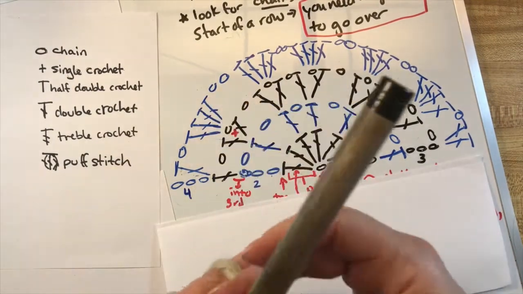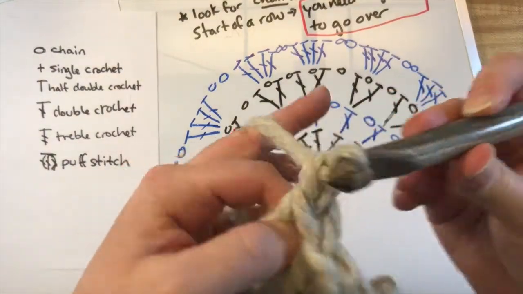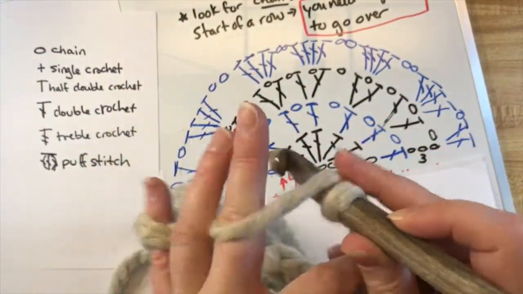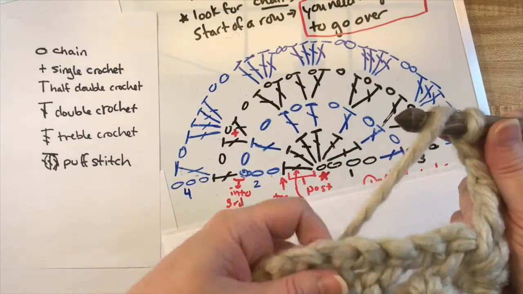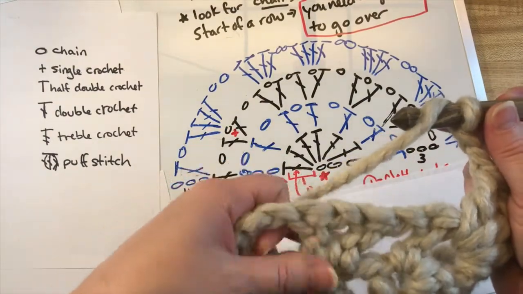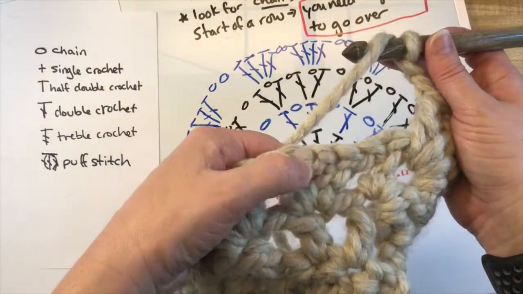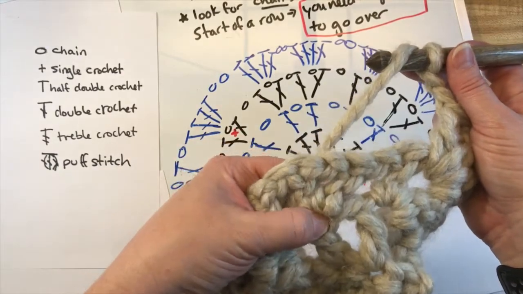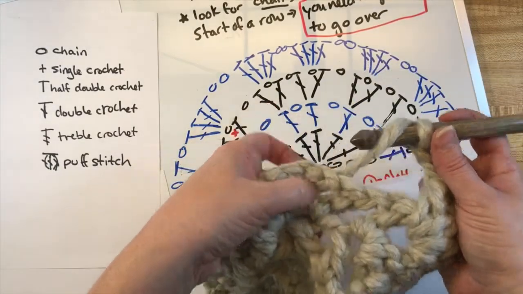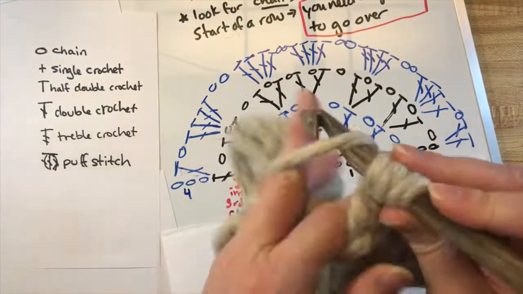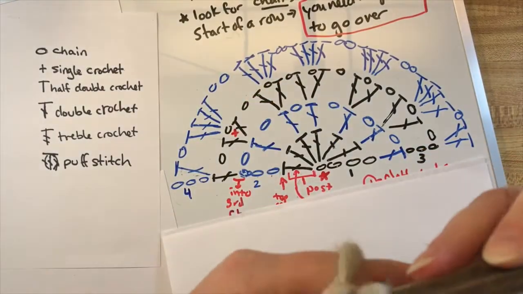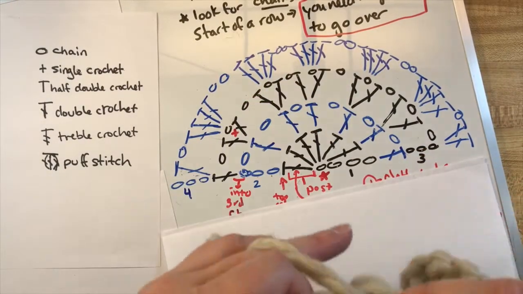Two chains. 1, 2. 4 double crochets in the next V. And if it's hard to tell, remember both of the double crochets came out of the same spot below. That's the shape we're looking for. The center of that is where we are putting our 4.